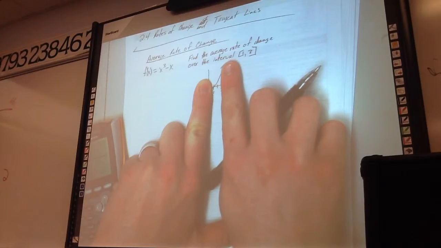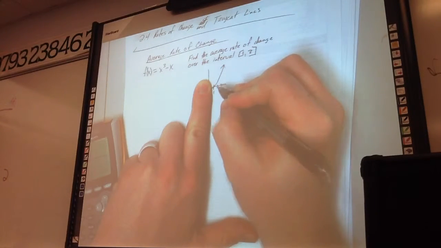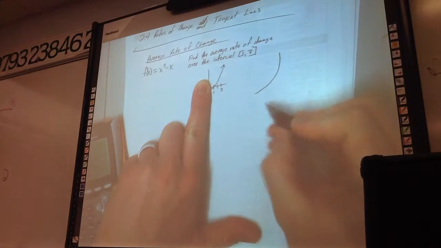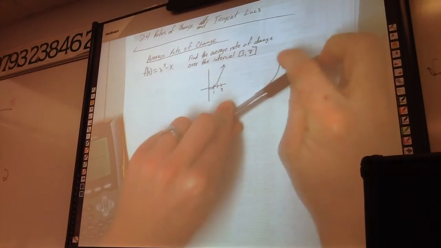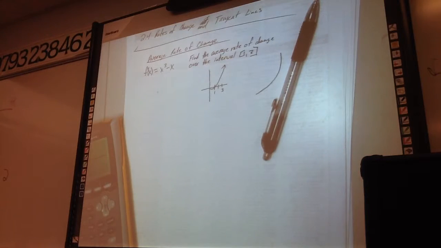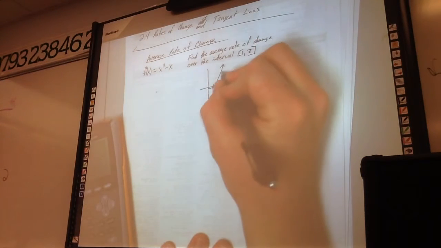And you can't say what is the slope because the slope constantly changes because it's curved. On a curve, if I draw it like this, it's easy to see. The slope down here is like this, but when we get up here, it's way steeper, isn't it? The slope is steepness. So slopes of curves change as you move. So we're just trying to find the average slope between 1 and 3.